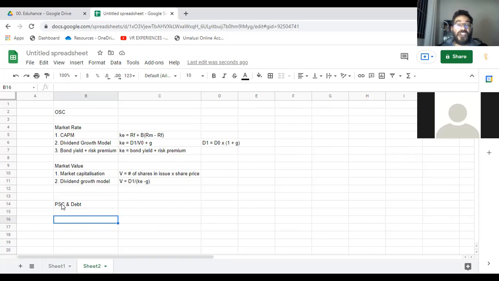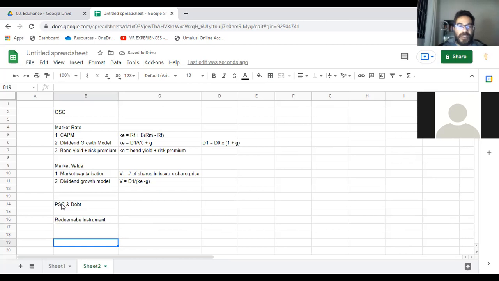The second thing you need to do, now you know what you need to calculate, most likely market value, but either way, whether you need to calculate market value or market rate, is to identify whether you have a redeemable instrument or a non-redeemable instrument.